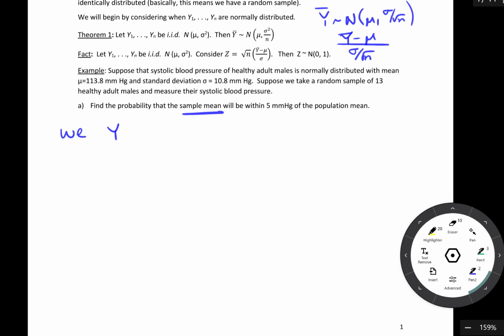So notice here we have the following. We're going to have a sample of size n, so we've got y1 through yn, and we are going to assume that they are IID and they are distributed normal with mean equal to 113.8 and sigma, or the standard deviation, is equal to 10.8.